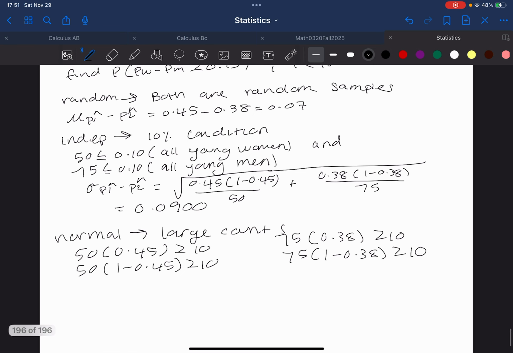Okay, since these are all true, we can imply that the combined distribution is approximately normal.